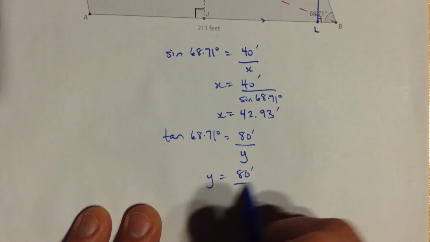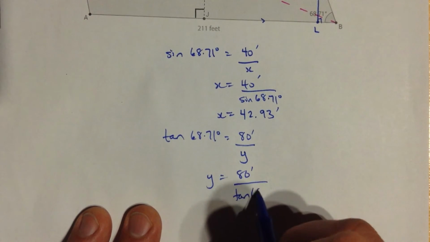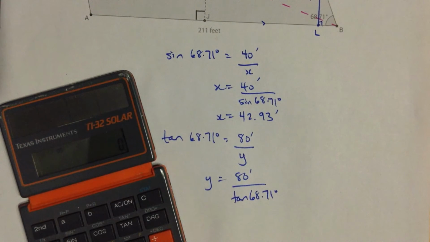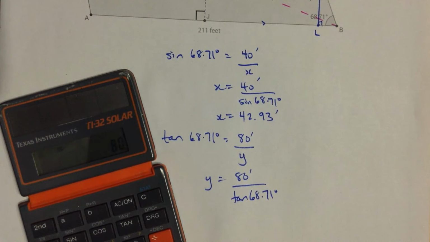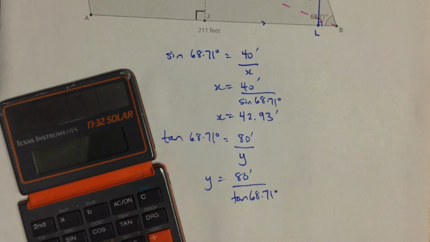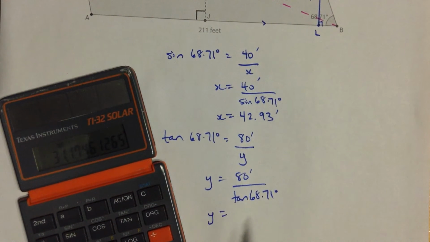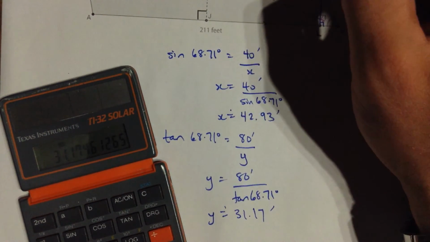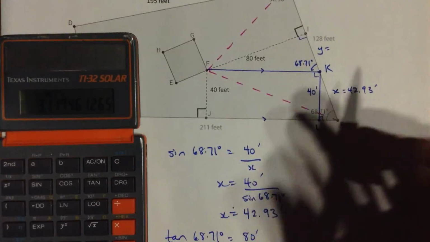So y is 80 feet divided by the tangent of 68.71. Let's calculate that. 80 divided by 68.71 tan equals, y is 31.17 feet, about. I'm going to write that up here in my diagram.